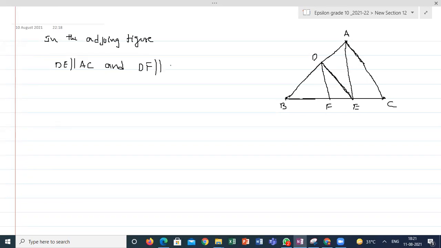Then prove that BF by FE is equal to BE by EC.